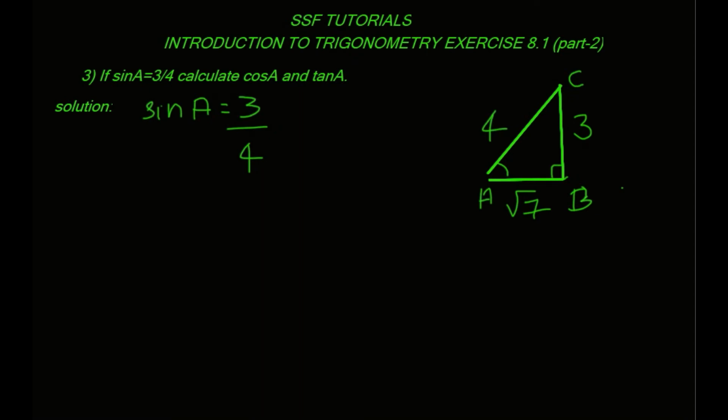Now let's calculate cos A and tan A. So cos A is equal to, according to the trigonometric ratios, as we said, adjacent side divided by the hypotenuse side.